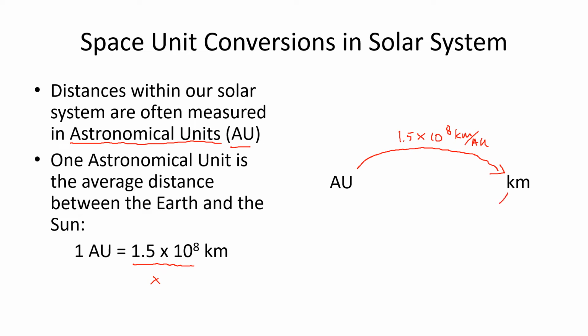If you have a whole bunch of kilometers and want to change it to astronomical units, in that case you divide by 1.5 times 10 to the 8 kilometers per AU. So you use that same conversion every time. Either you're multiplying or dividing, depending on whether you're going to the bigger value or the smaller one.